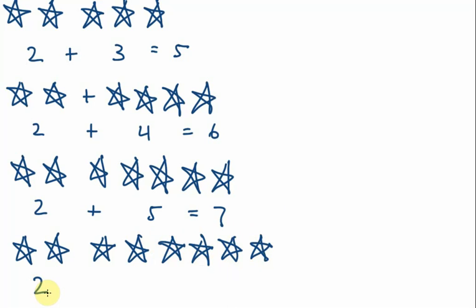So we have 2 stars, and we add them to another 6 stars. How many do we have now? 1, 2, 3, 4, 5, 6, 7, 8. So we have 8 stars, and we got them by adding 2 to 6. So 2 plus 6 equals 8.